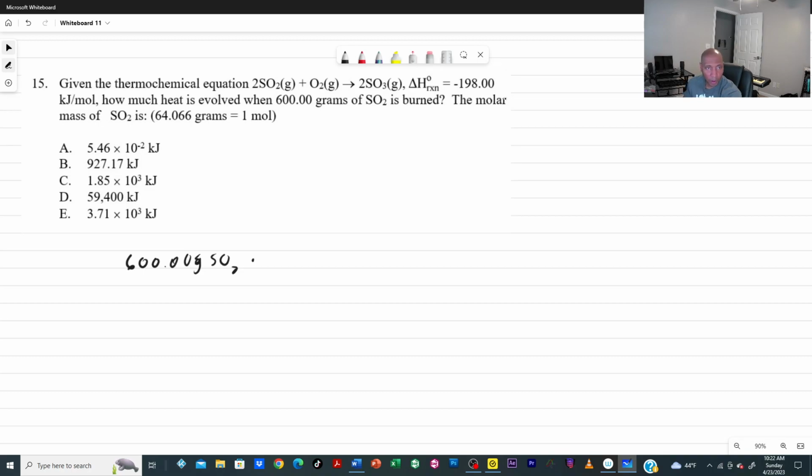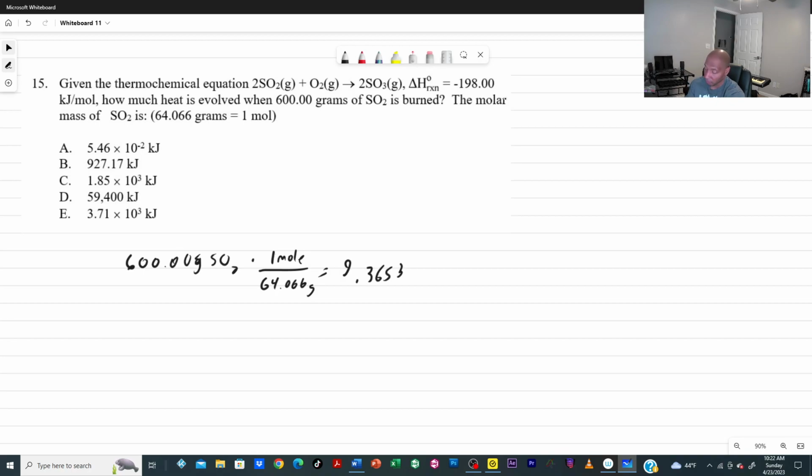So the first thing we want to do is convert grams of SO2 to moles via the molar mass. So I know I have grams, and I know I have 1 mole per 64.066 grams.